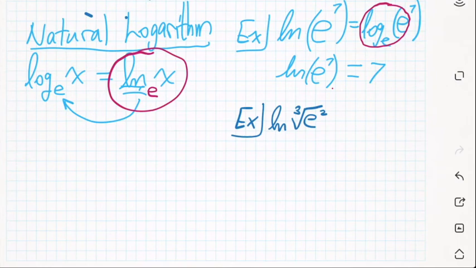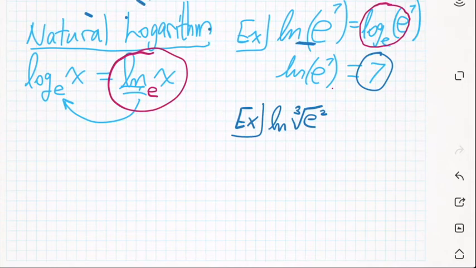Probably one of the more confusing things for people to deal with is cube roots, square roots, and how to deal with them as powers. So ln and e are not touching here, kind of like here they're touching. So they kind of go poof and you're left with 7. Here they're not touching. We've got this cube root in the way and we have the square on the e. So we need to get the ln and the e touching before anything else.